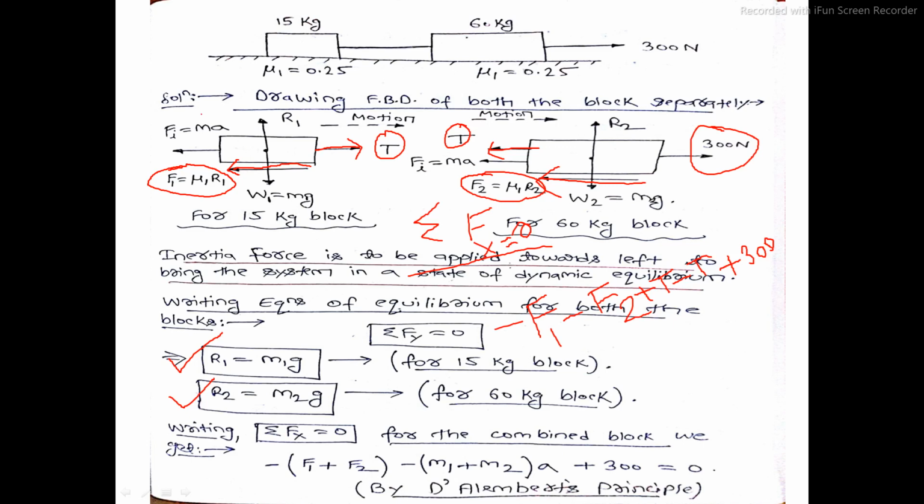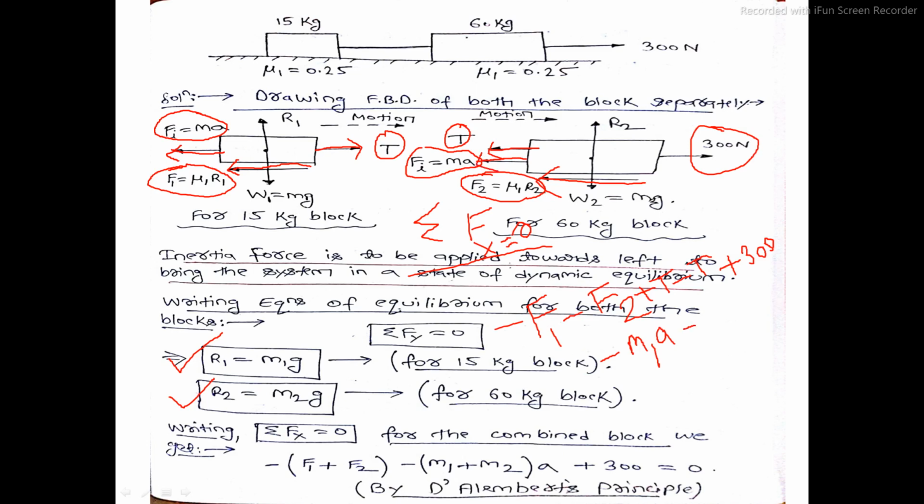Minus the inertia force for the first block, that is the 15 kg block. Why minus? Because it is acting along the negative x direction, so I can write minus M1 into A, minus the inertia force for the second block, that is the 60 kg block, and it is also acting along the negative x direction.